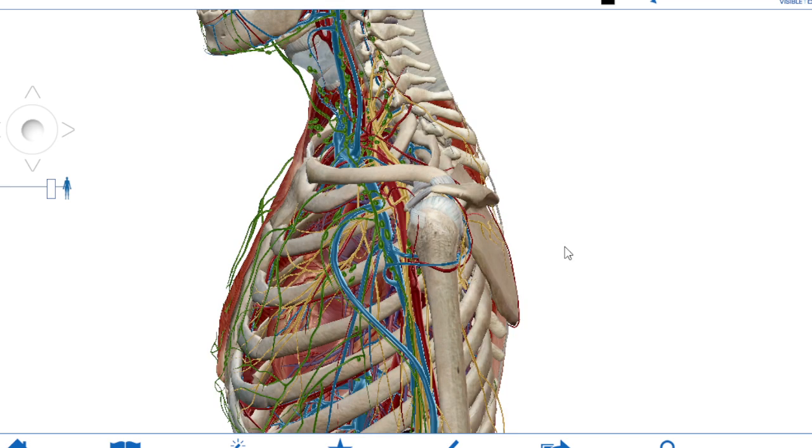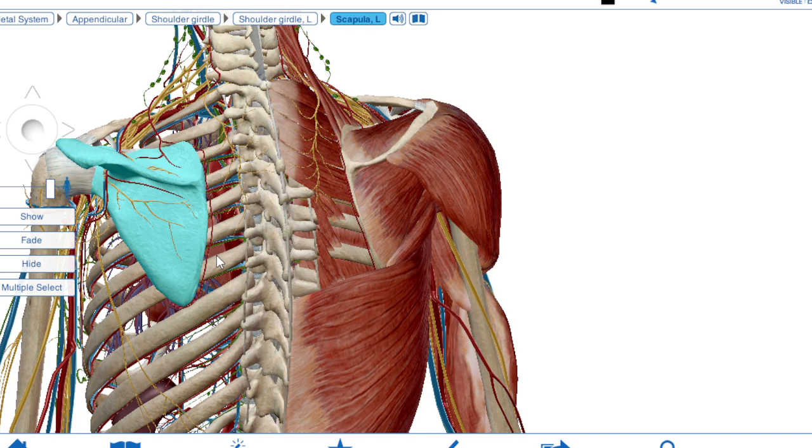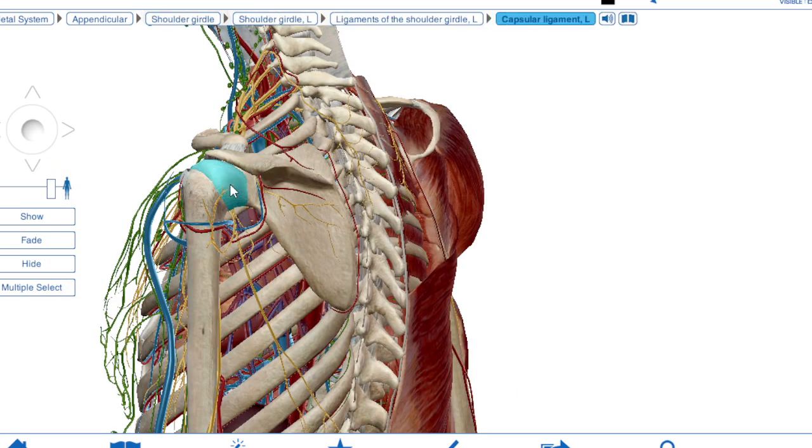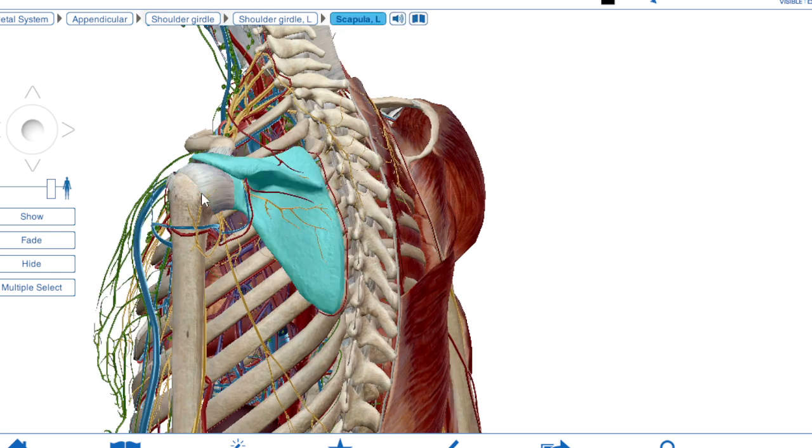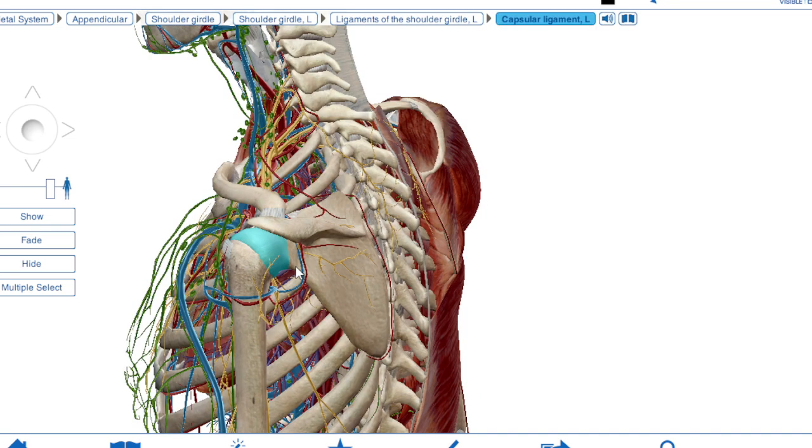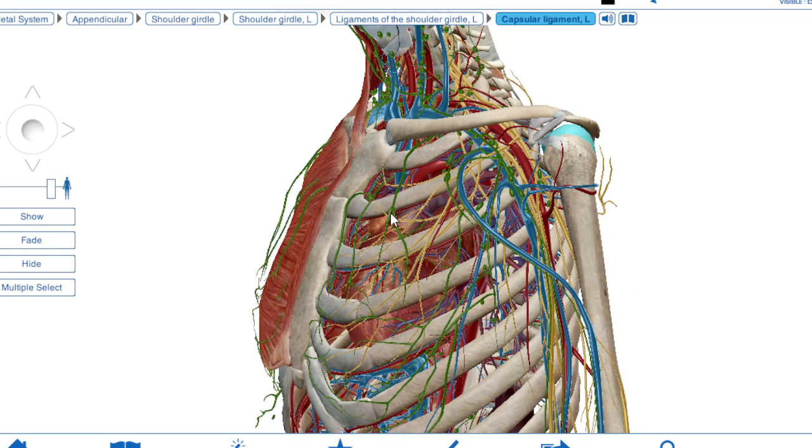Now just see, this is the scapula and this is the humerus, and between them there is a capsule. This capsule is present between these two bones, and it provides support to a joint that is called the glenohumeral joint. Okay, you have seen all things from this side.